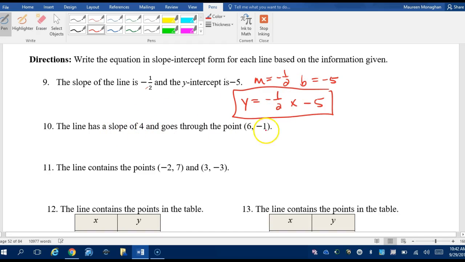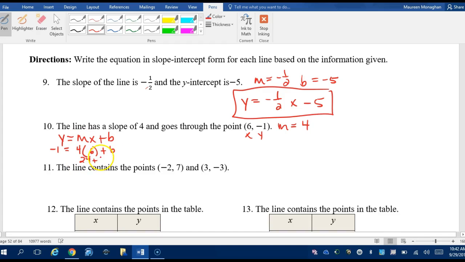Okay? Slope of 4 goes through this point. All right, this is a little more complicated because we have to use y = mx + b. So this is our x, this is our y, there's our m. We're going to substitute in -1 for y, 6 for x, 4 for slope, and find b.